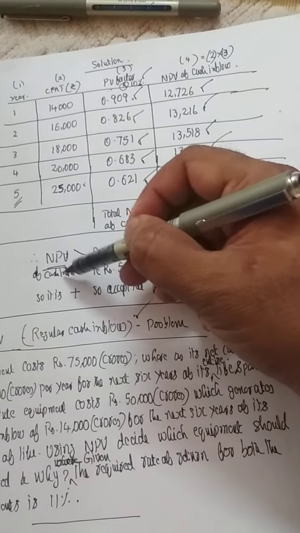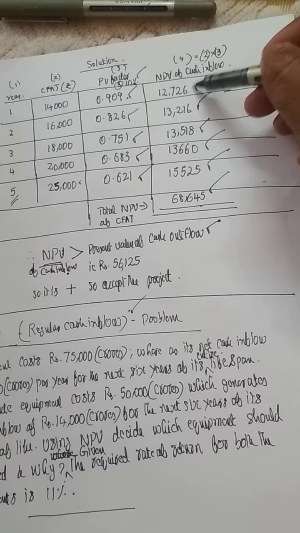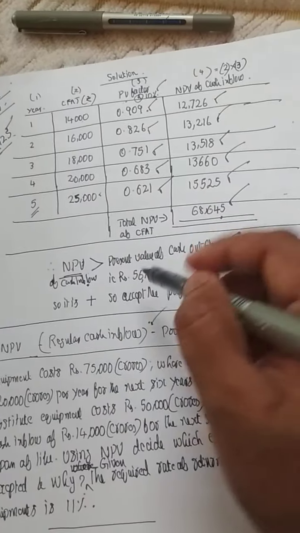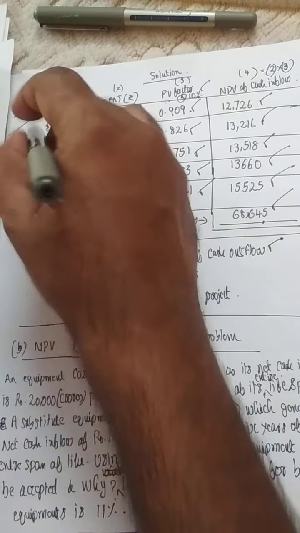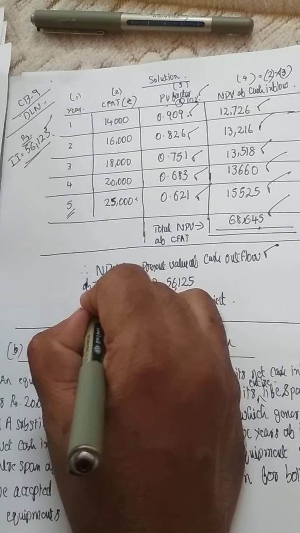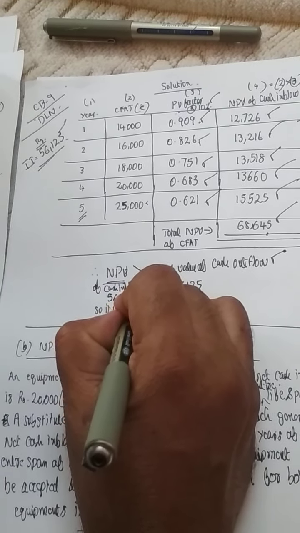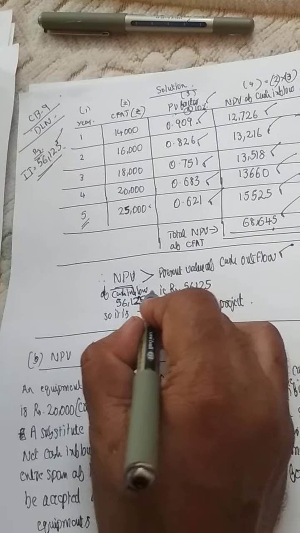Net present value of cash inflow or CFAT, which is 68,645, is greater than what? The initial investment of 56,125. That is the initial investment which we had made.